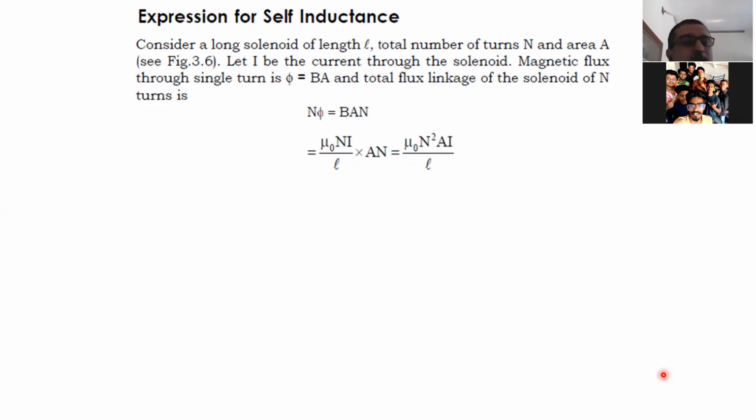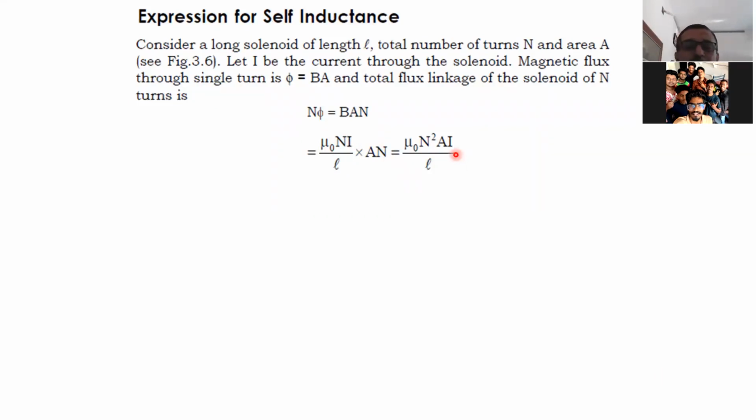And what is H? We studied in the last class that H is the magnetic field intensity, and H is equal to NI by l. So B is mu 0 NI by l, and that into AN gives N phi equal to mu 0 N square AI by l.